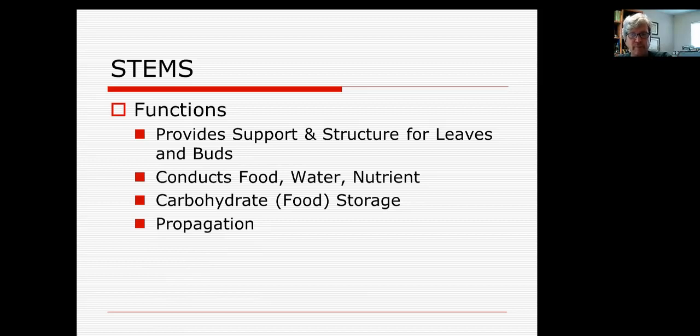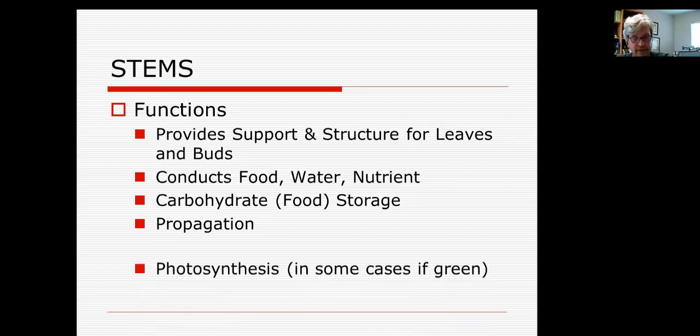For some plants that have weak stems, that's a way they can multiply. Or you have a stolon on grass that grows above ground. Those stems go out, and as they spread out, they're rooting in other spots. So if it gets chopped off, it allows for propagation. So again, another function of stem for the plant.